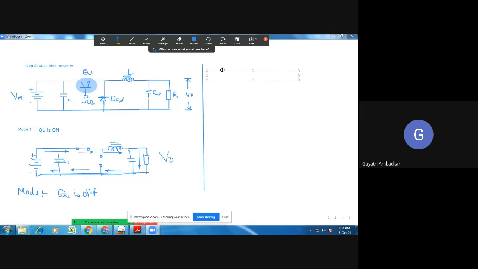Let's consider mode 2. Q1 off. Let's say in this portion a low pulse appears, and when the low pulse appears, the transistor will become off. When the transistor is off, I will show it as open. This is your input voltage now, Vin.